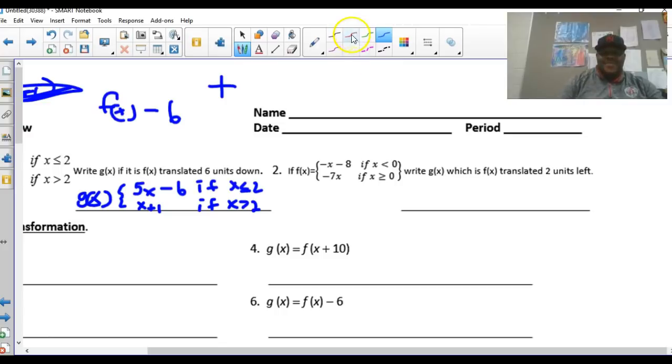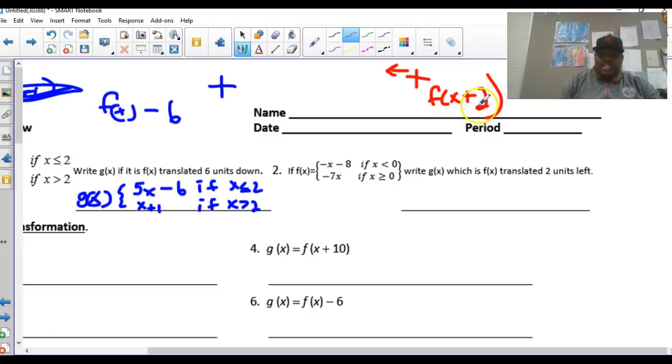All right, this next one. We have the function here, and we are going to translate it 2 units to the left. Now remember, when you move something to the left, you have to do the opposite sign. So when you take f of x and you move it to the left, you actually have to do plus that value, so plus 2.